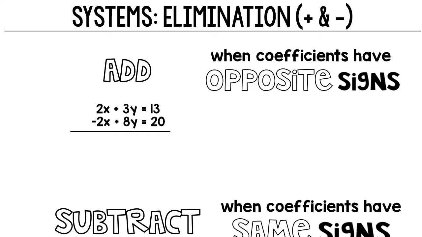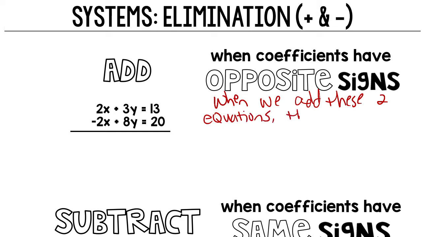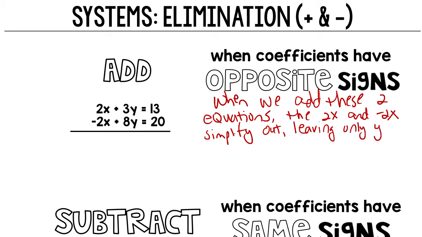When the coefficients have opposite signs, when we add these two equations, the 2x and -2x cancel each other out, leaving only y. So let's try that.